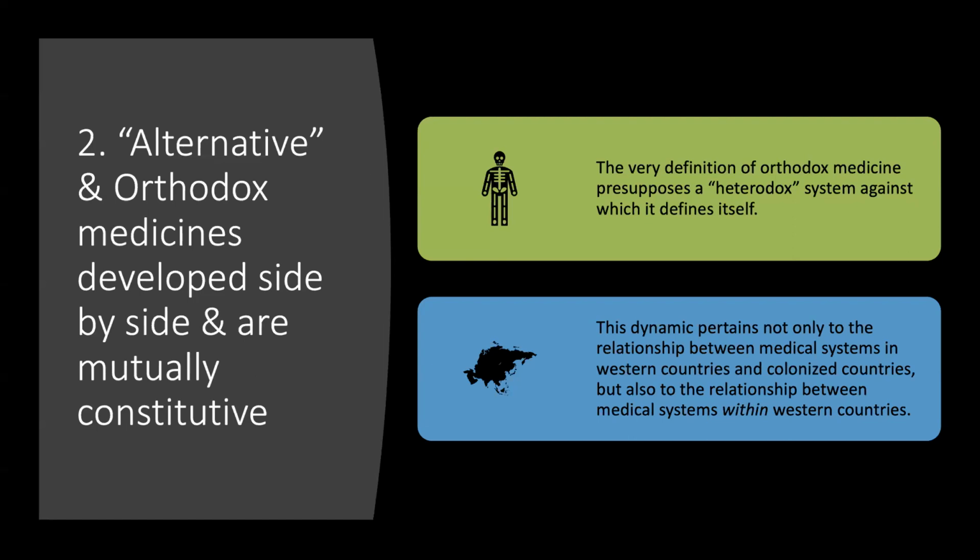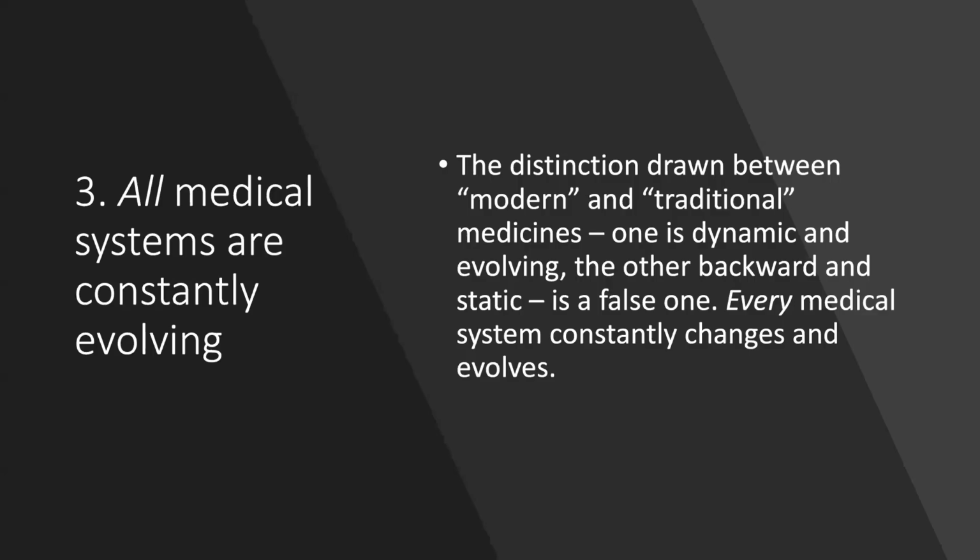So we cannot necessarily say that orthodox medicine, and by that I mean biomedicine, the medicine you're learning, would be orthodox or would be what it is today if it had not had these encounters and interactions and blendings and hybridizations with so-called alternative medicines, which means, hence it's in quotes, it's not really alternative medicines. They have always coexisted alongside what we know as the orthodox. So this means, the third point, all medical systems are constantly evolving in relationship with each other.